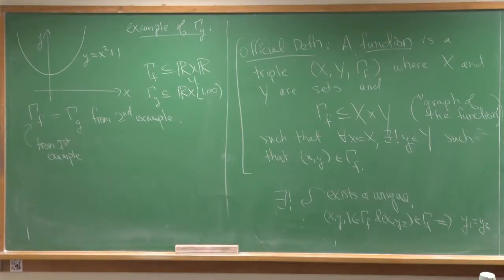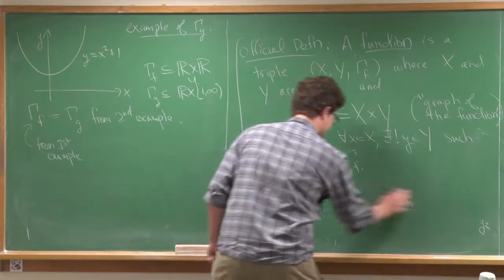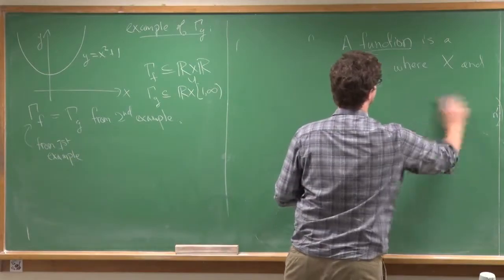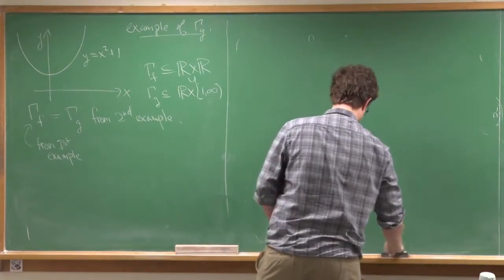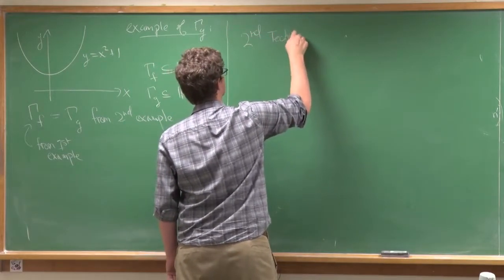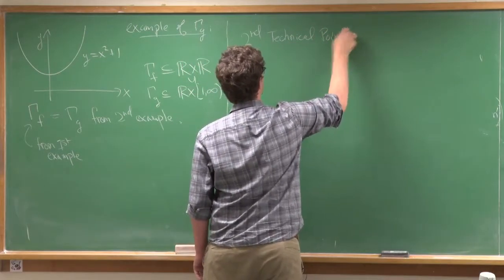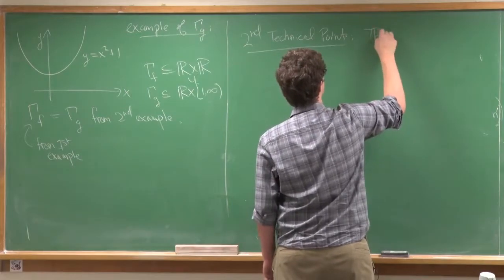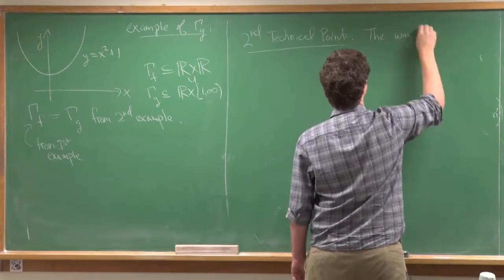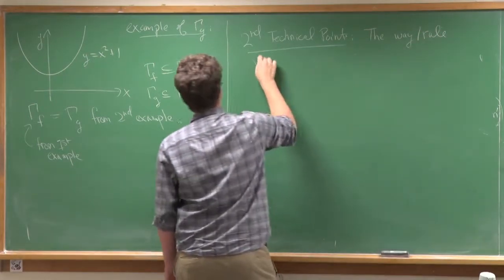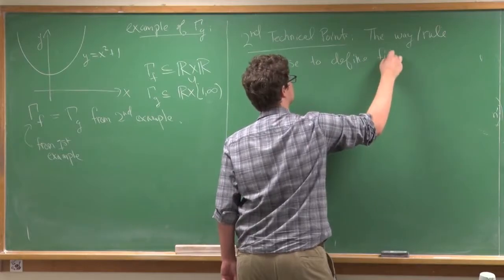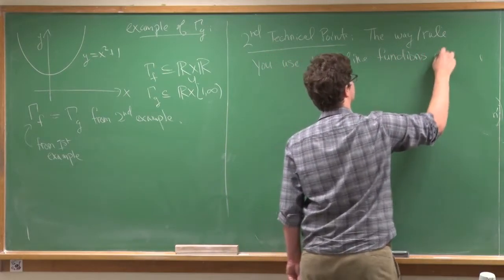Let's do some more examples. Actually, I was going to talk about the second technical point before I do that. So the second technical point is that the rule you use to define functions does not distinguish them.